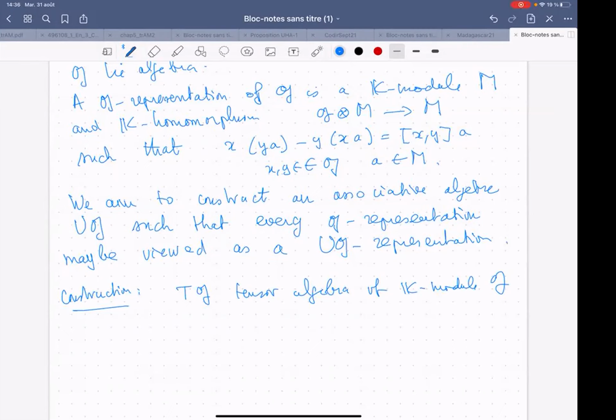And what is this T(g)? T(g) is given by the direct sum T0 plus T1 plus etc. Tn. And what T0 is, is K times 1. Maybe it's better to put g here as well.